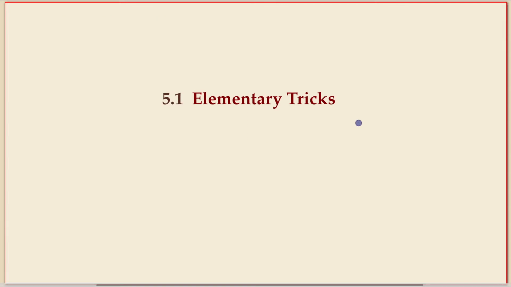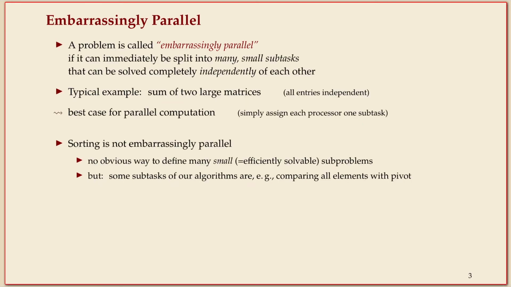I want to look first at some elementary tricks. And this is the part that goes beyond string matching. It's something that we haven't talked about in the sorting chapter because we were deeply buried into getting sorting methods fast. But in a way, let's start rethinking parallelization from scratch and try to find what is easily doable.